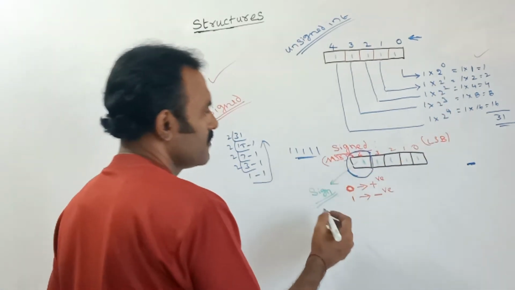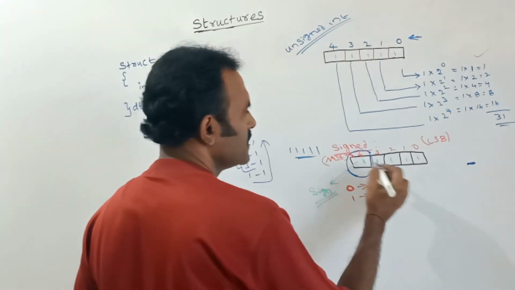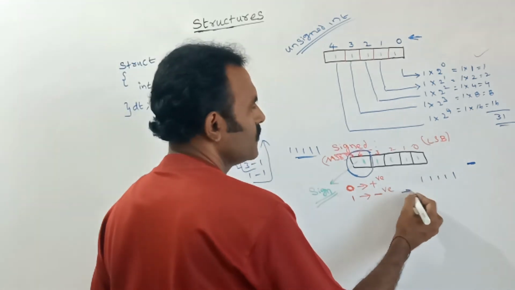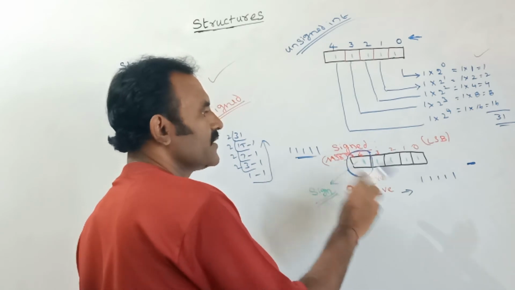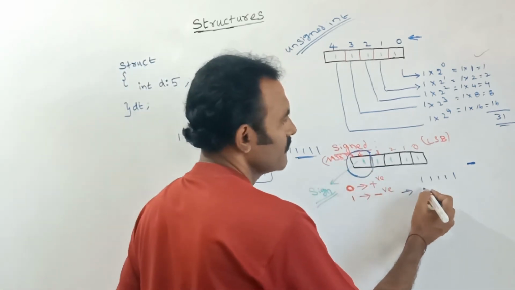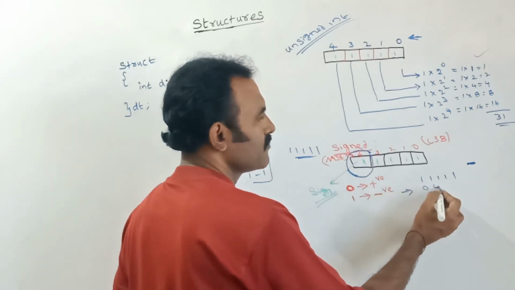See, this is the 2's complement value. Here what is the value? 1 is used for the minus digit. Suppose you are converting the 2's complement number to a binary number, then first you should invert this number.